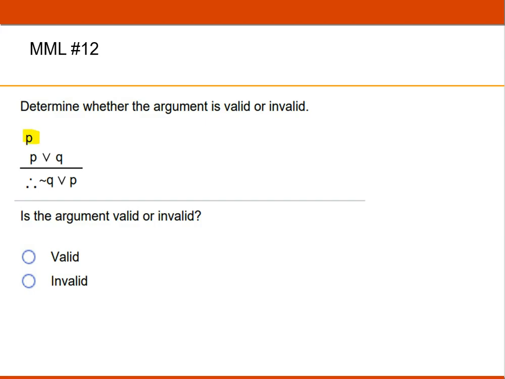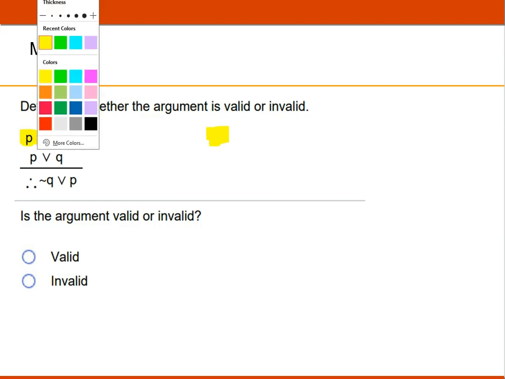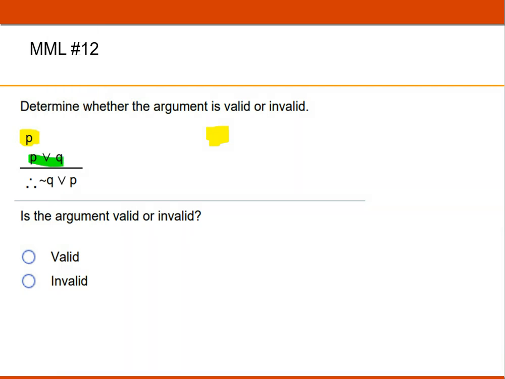Okay, so you've got this. That's going to go there. And then you're going to connect it with this, which is going to go there. And they're going to be connected by an and, and you'll put them inside of brackets.